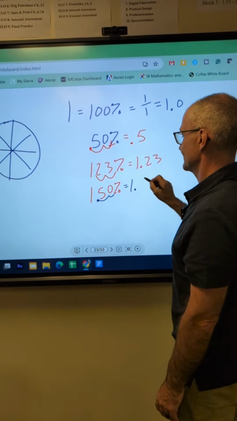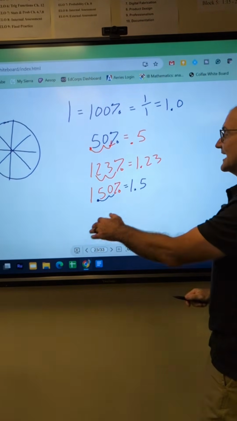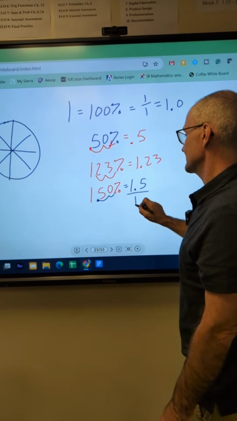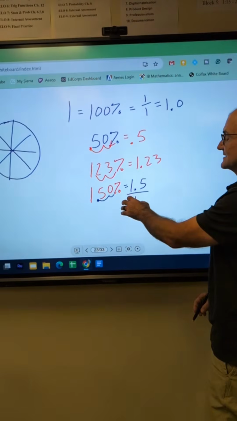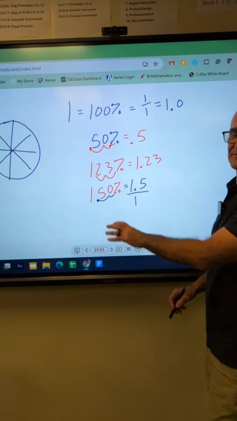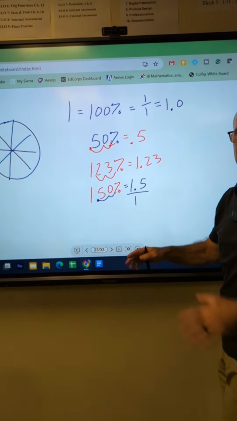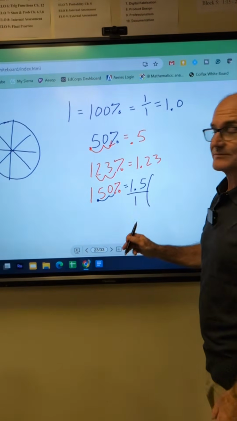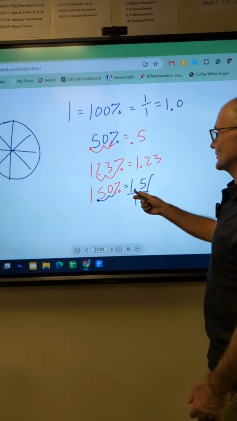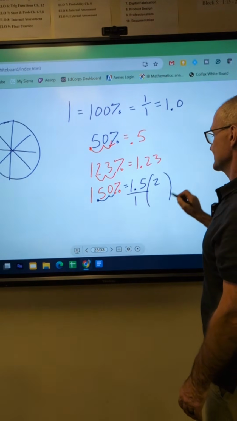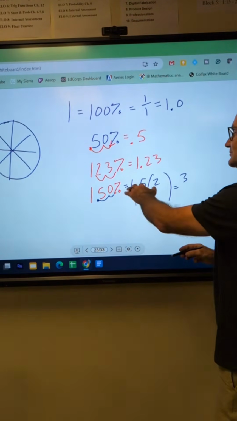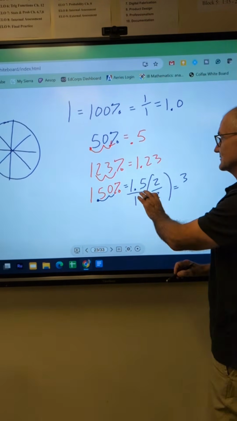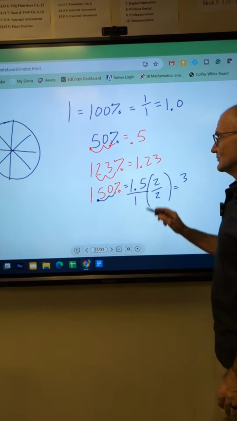150% is 1.5. Convert that into a fraction, it was 1.5 over 1. It doesn't make any sense to have a decimal inside a fraction, so I got to get rid of that decimal. So I'm looking for numbers to multiply it by to get a whole number, right? So 1.5 times 2 is going to give me 3. I can't just multiply by 2. It's going to change the whole value. But I can multiply by 2 over 2. This is equal to 1. Won't change the value.